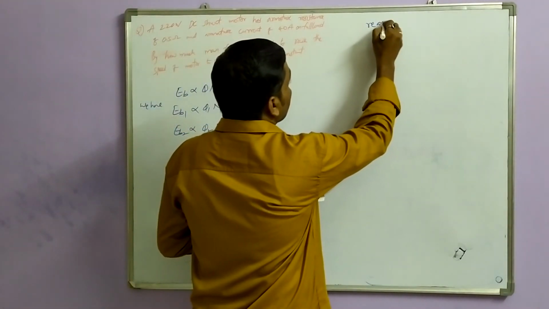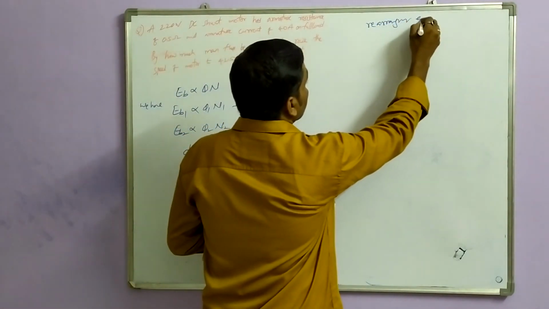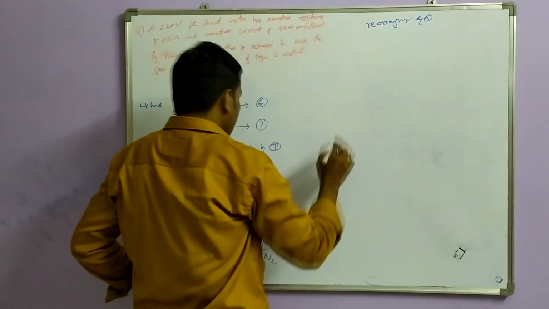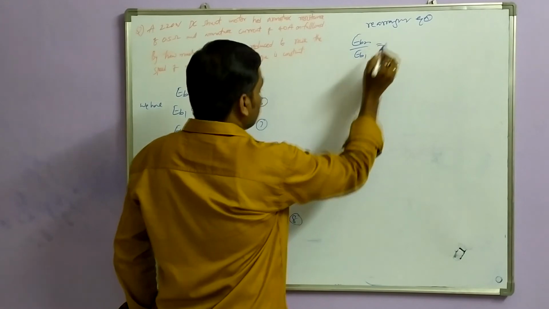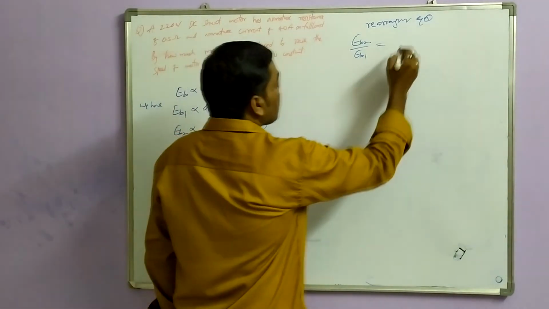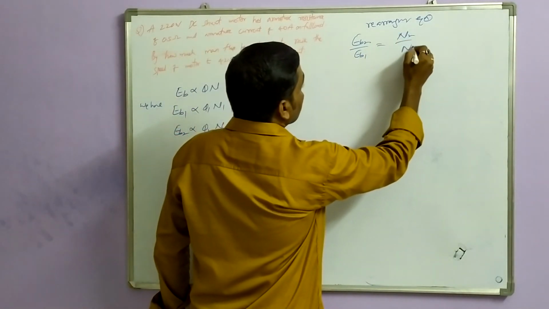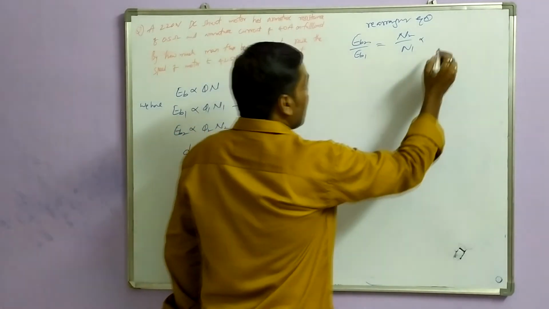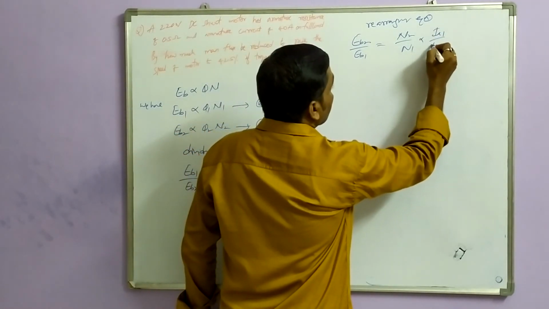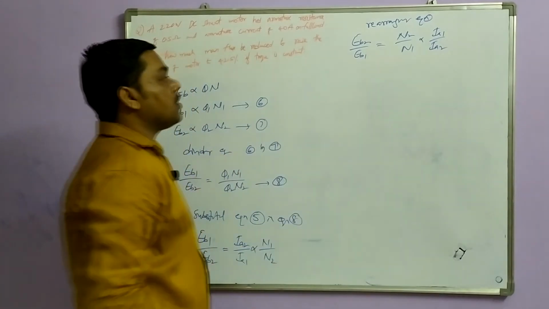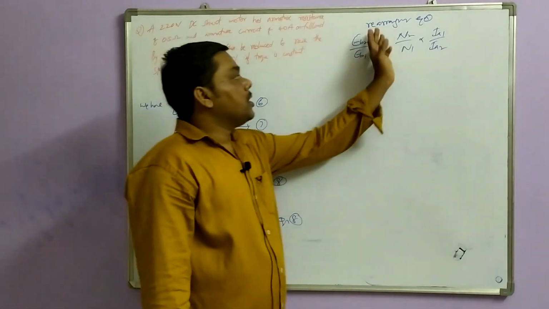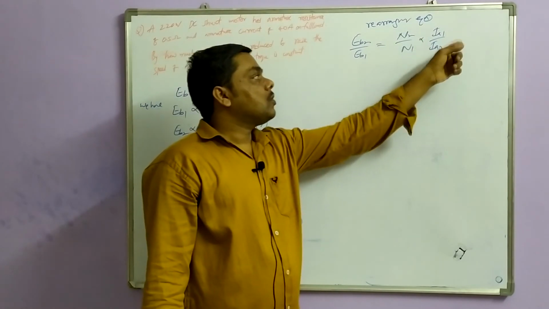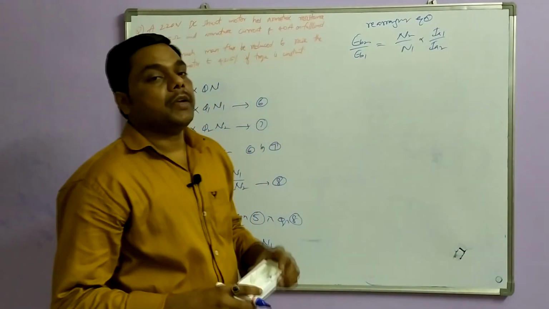So rearranging the equation, EB2 by EB1 is equal to N2 by N1 into Ia1 by Ia2. It is the same equation, just rearranged.